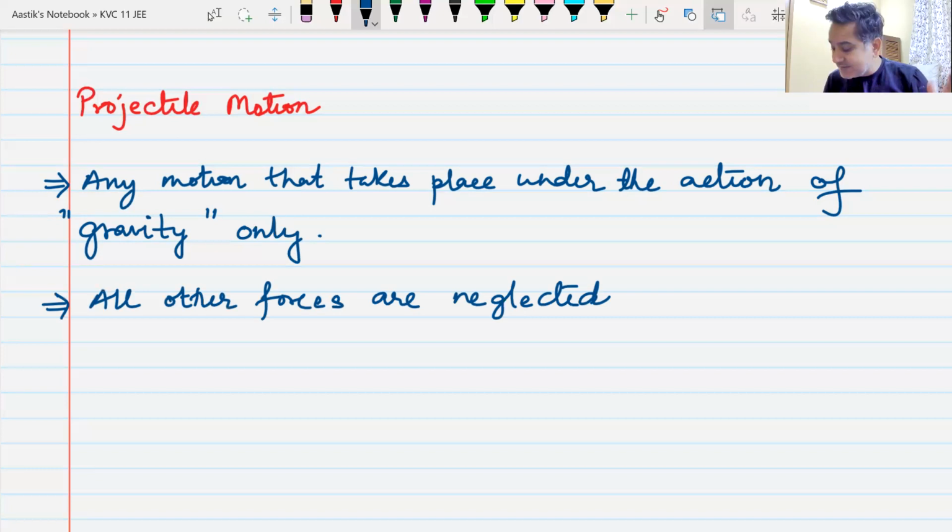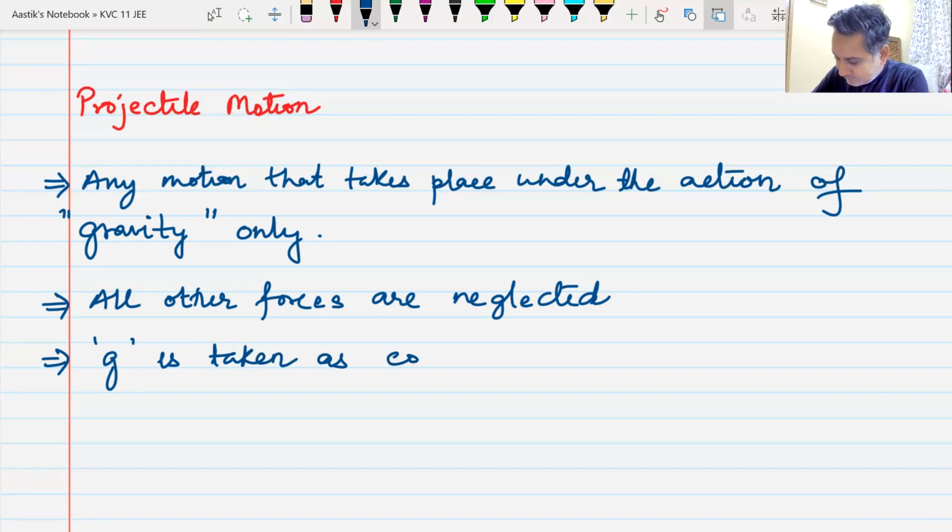Do we understand this? All other forces are neglected. G, what is G? Gravitational force.